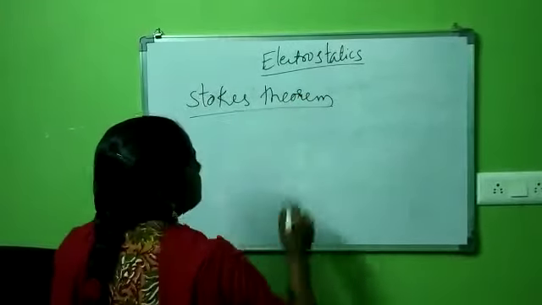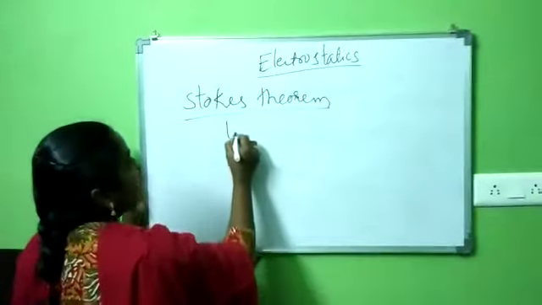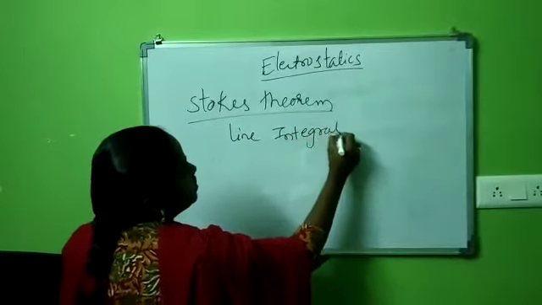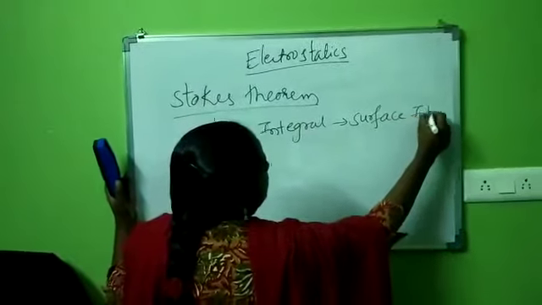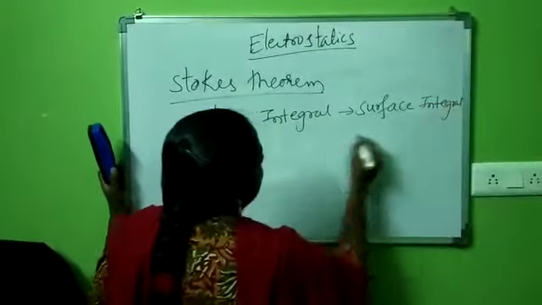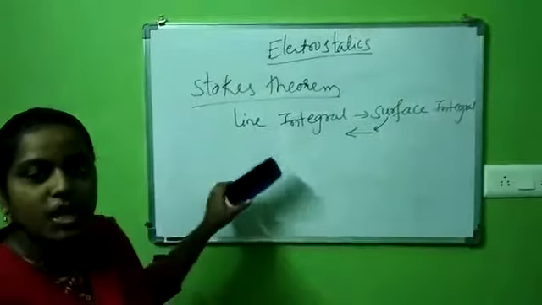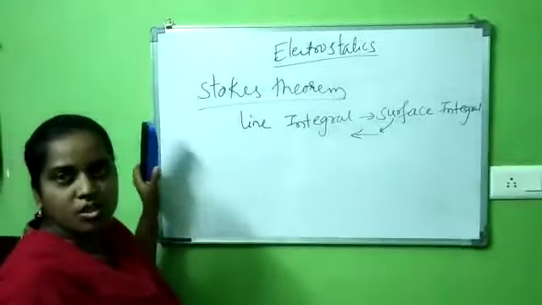The Stokes theorem statement is: it is used to convert the line integral into the surface integral and vice versa. That is, a surface integral can also be converted into a line integral by using the Stokes theorem. This is the statement of the Stokes theorem.